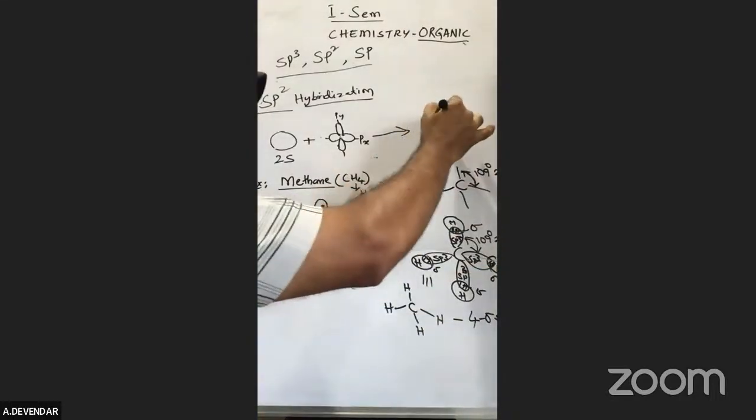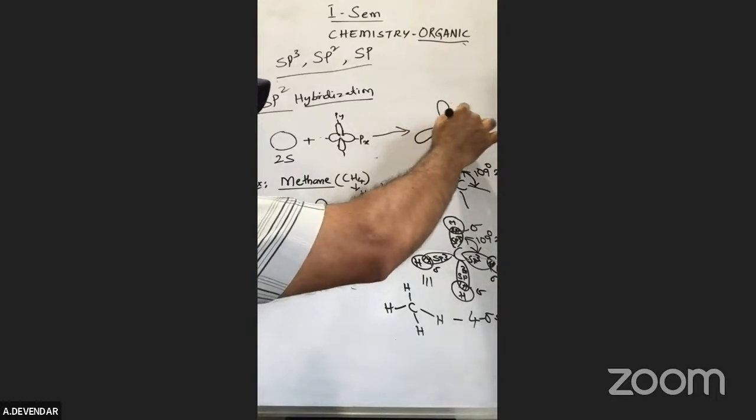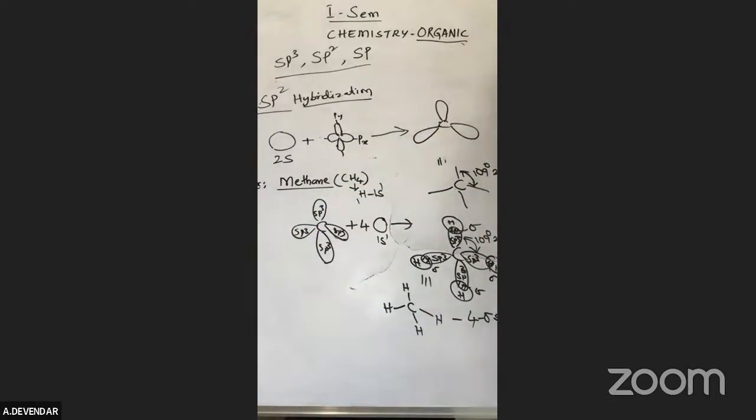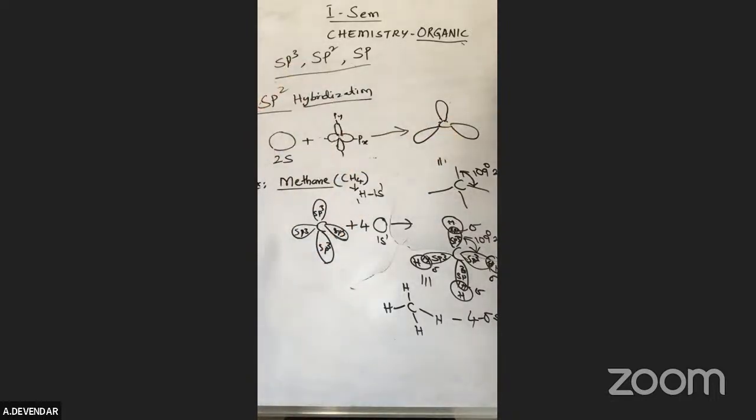These are three sp2 hybrid orbitals, called sp2 hybridization. One spherical shaped s orbital and two dumbbell shaped p orbitals mixing with each other form three sp2 hybrid orbitals. This phenomenon is called sp2 hybridization.